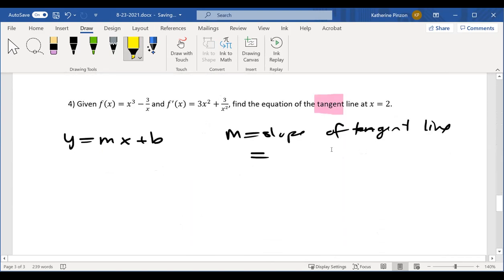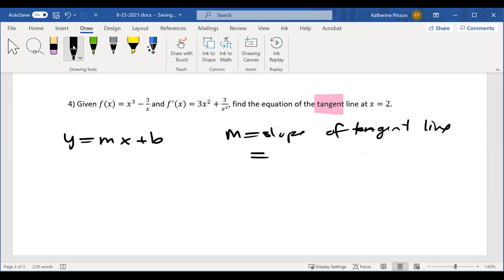Okay, I need the slope of the tangent line. To find the slope of the tangent line, I'm going to do the derivative at that point, x equals 2. Yeah? Okay, here's my function for the derivative. F prime of x is this guy.